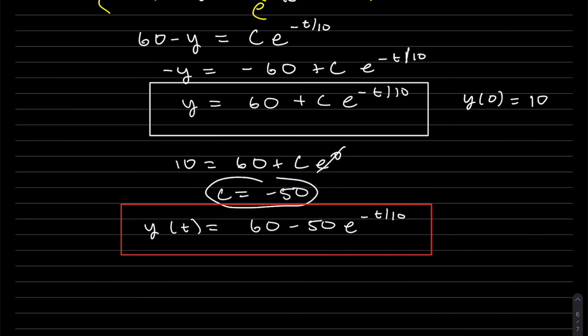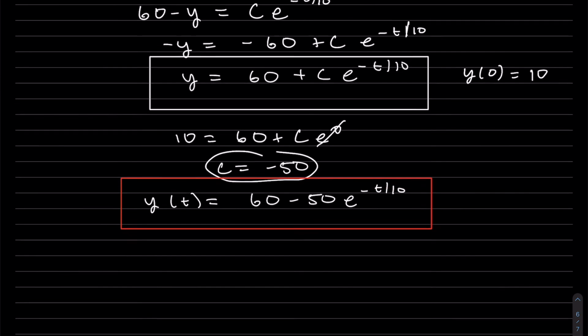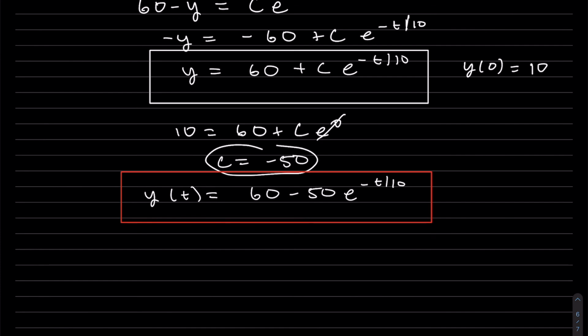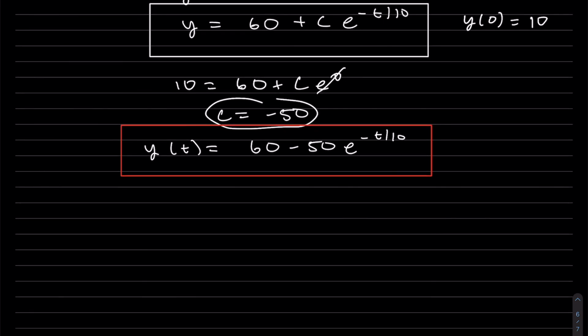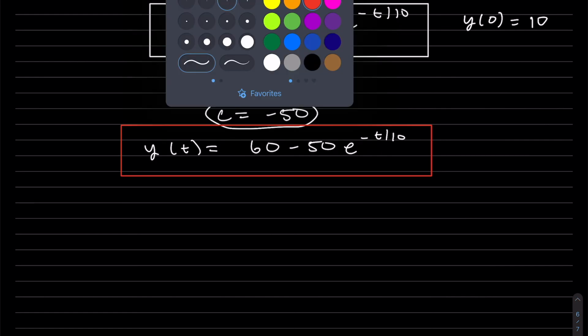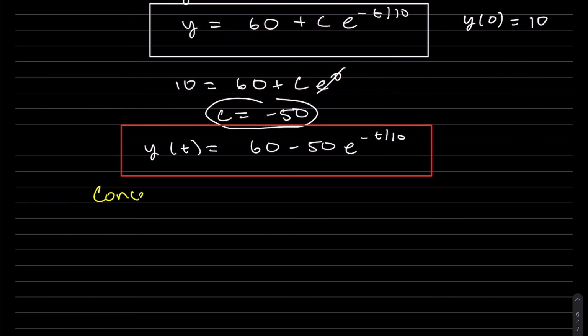So there's our equation. And we want to know the concentration in 30 minutes. Concentration is how many pounds per gallon.